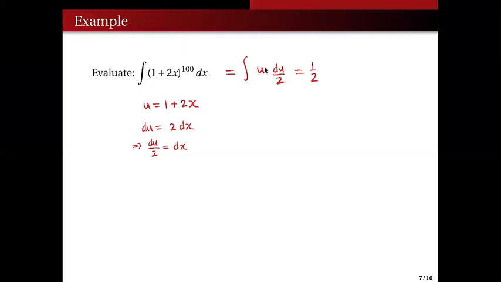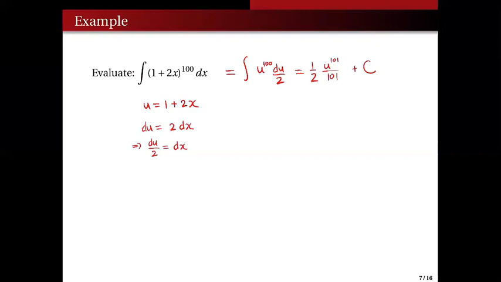Sorry, I forgot to write the power of 100 in here. So this becomes u raised to 100. If we evaluate this, it is just u raised to 101 divided by 101, of course plus the arbitrary constant c.